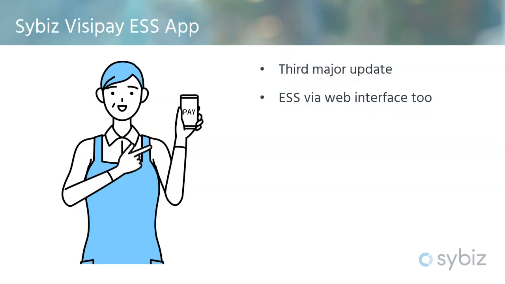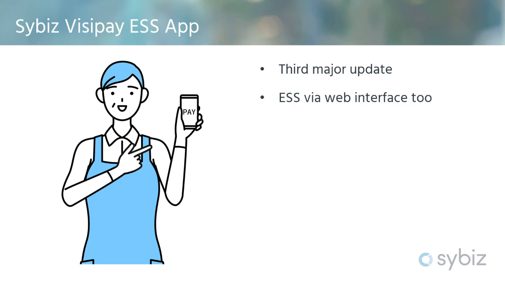So as far as the ESS app is concerned, we won't spend a lot of time on this because it has been around for quite some time, but it's just an awareness for those that perhaps don't know about it. It has just undergone its third major update, and we've added some new functionality, which I'll talk about on the next slide. And there is also the web interface. From a technical point of view, we used to have a separate backend for the mobile app, which we previously called Sybiz Leave, because that was the majority of the functionality it had.